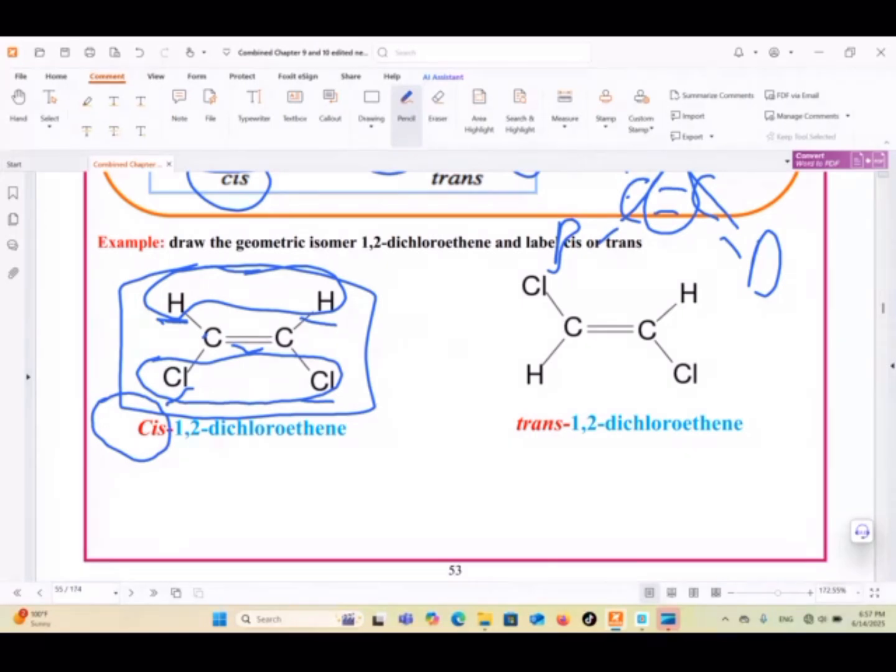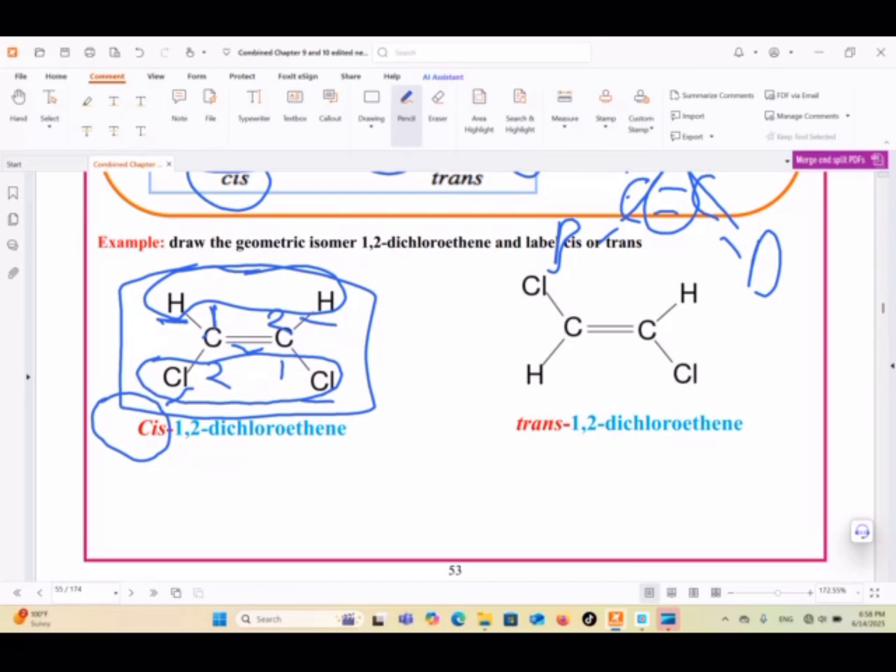This is the geometric isomer, of the cis type, because of having the same types of atoms on the same side in the structure. And then we provide the position for the carbons according to the double bond: 1,2, or you can say 1,2, no problem because in both sides it's the same.